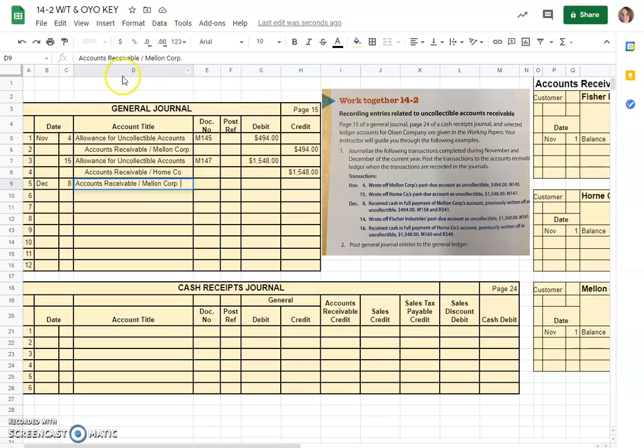See, we credited before to X out that account, but now we're going to go ahead and open it again basically here with that amount of $494 again, and allowance for uncollectible accounts will be our credit. And this one is going to be memorandum 158.